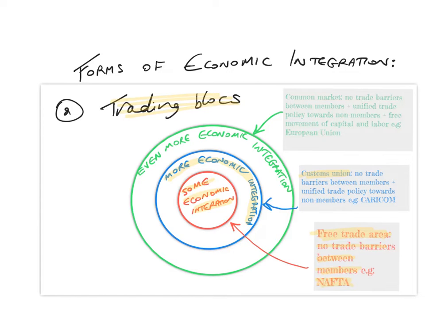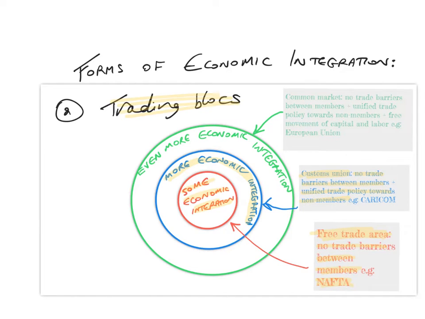Basically, it's a free trade area, so there's no trade barriers between members, plus all the members have a unified trade policy towards non-members. So not only are we all going to be members of this free trade area, we're all going to have the same trade barriers and trade policy towards the non-members of our customs union.